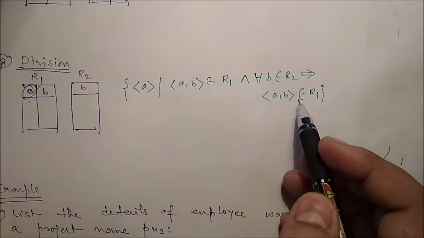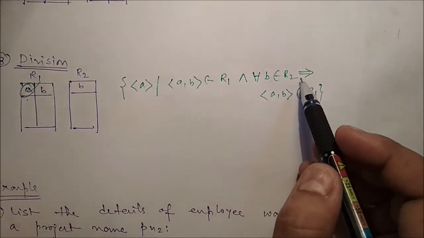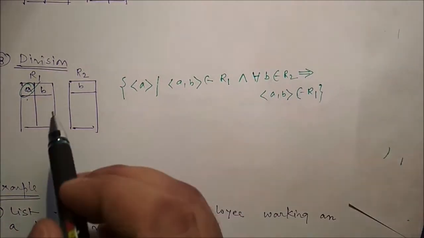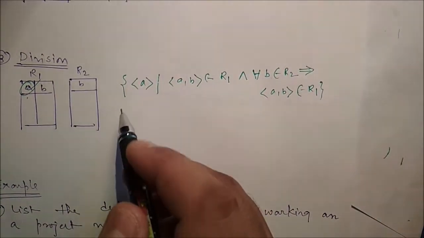In this way we can implement the division operation. For all B, if it is associated with A, we have to print A.